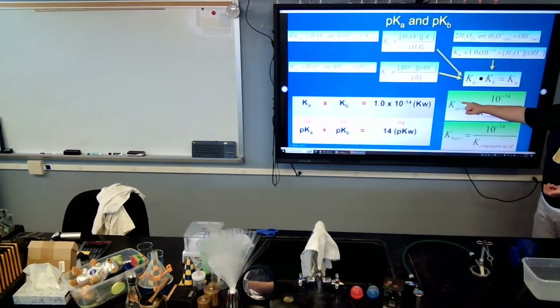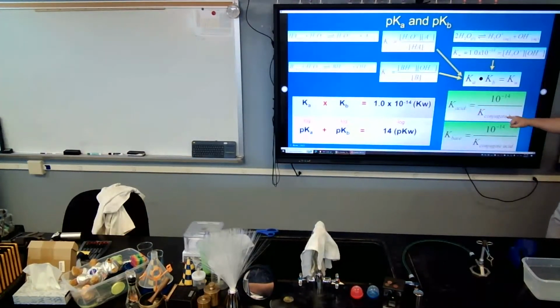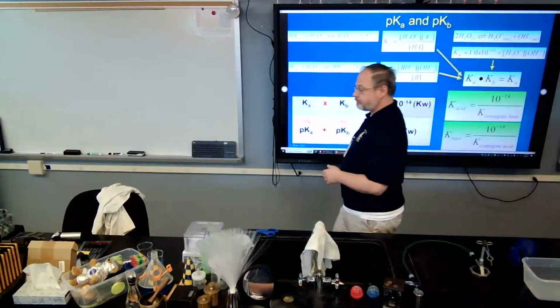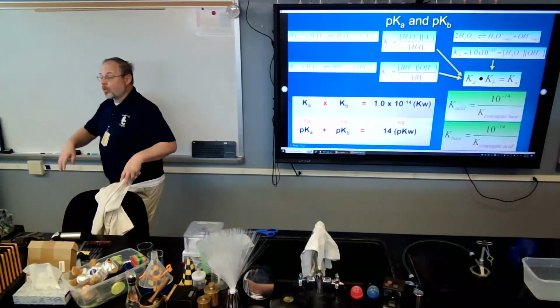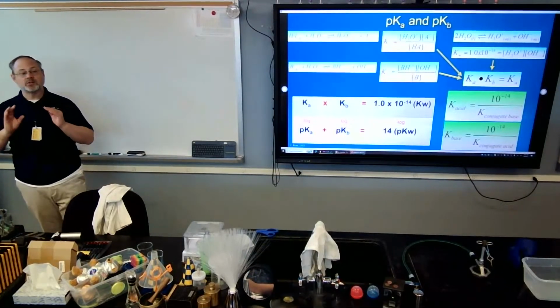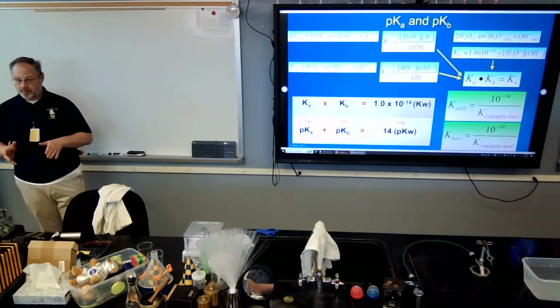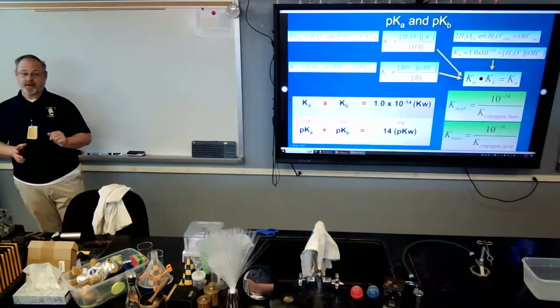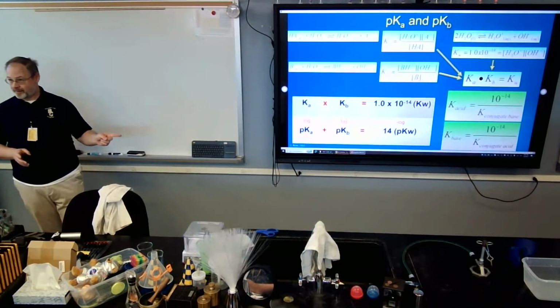Or if you're looking for the K of an acid and its conjugate base K is given, divide 10 to the negative 14 by what you have, and you're going to get what you don't have. The reason that comes up a lot is that they will give you a question that clearly needs a Ka, but they won't give you the Ka. They'll give you the Kb of its anion.